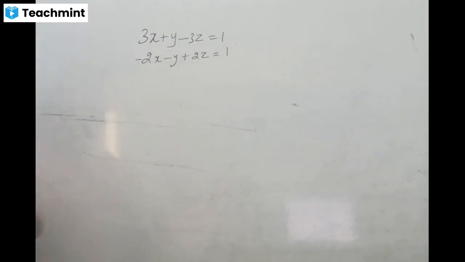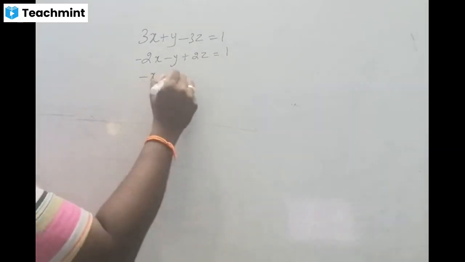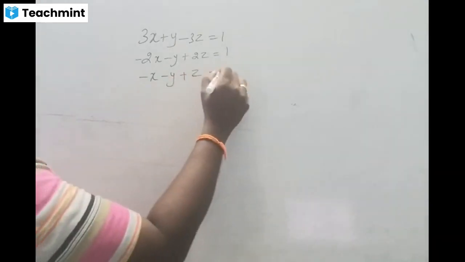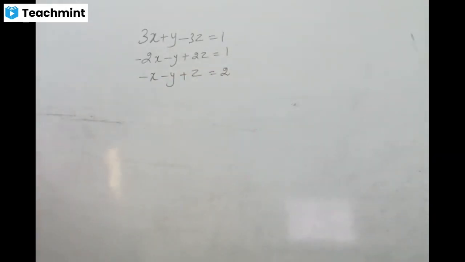The third one, minus x minus y plus z equal to 2. How can we find the equation 4 and 5, as we did in the last one? Can you find now? Yes, sir.